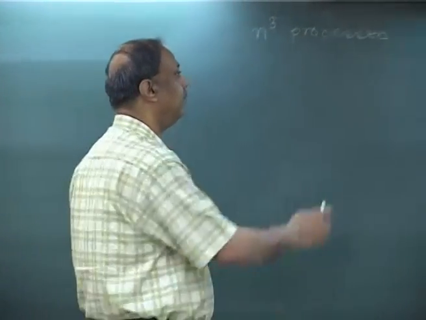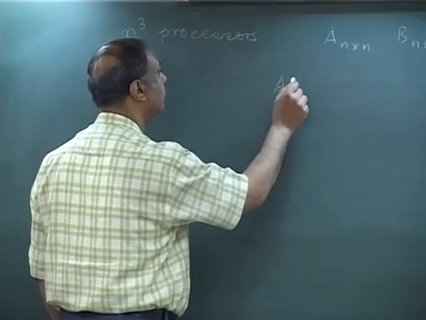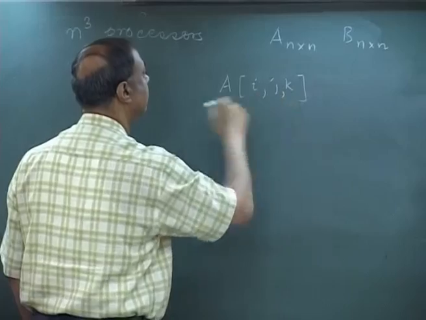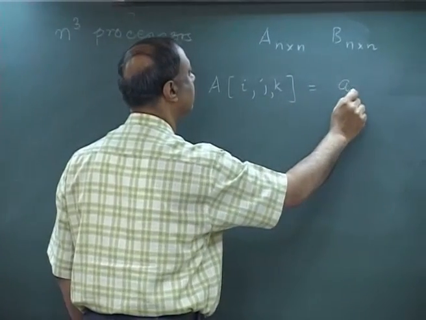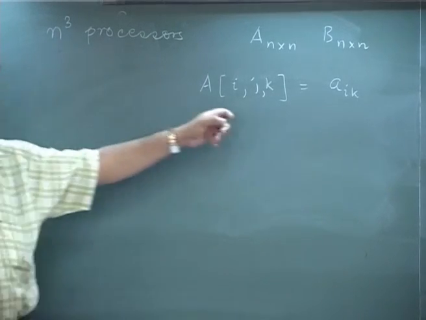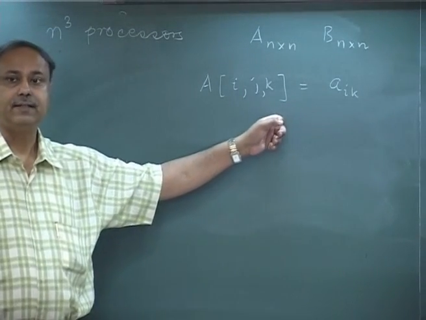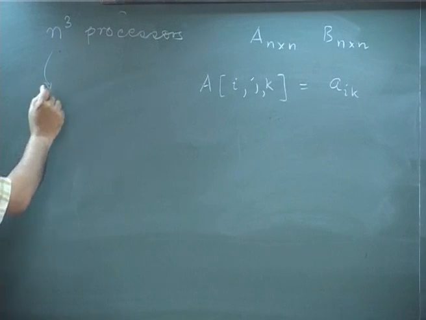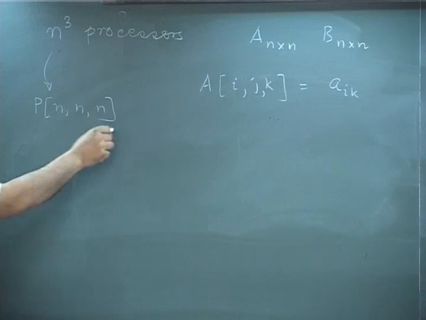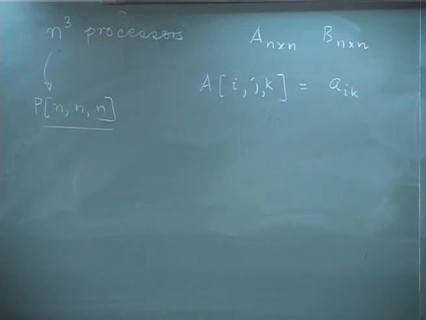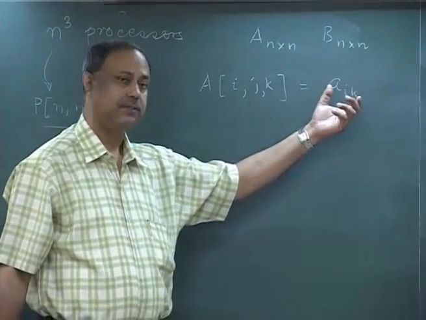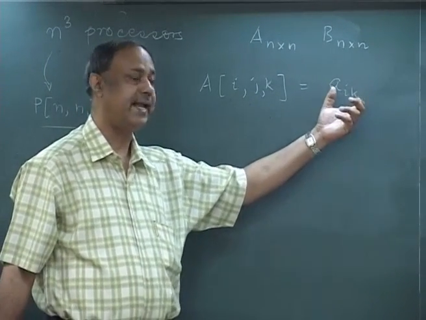These n cube processors I can write in the form P(i,j,k) for all i, j, k.